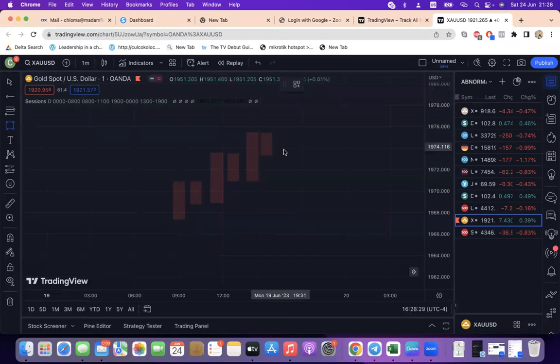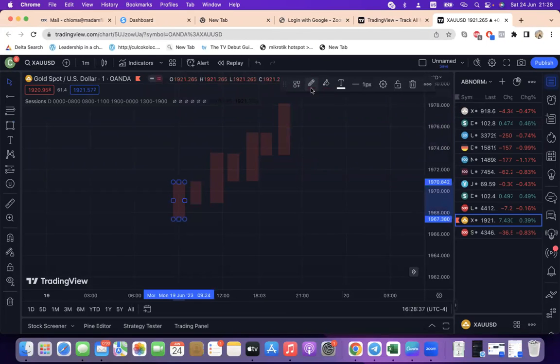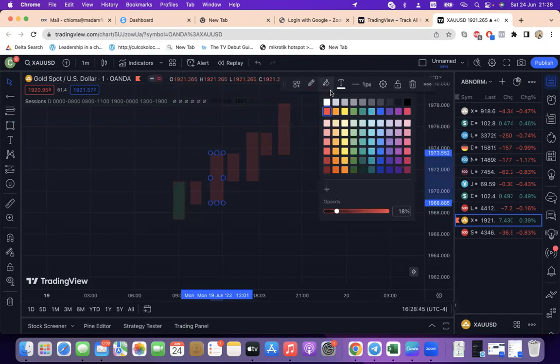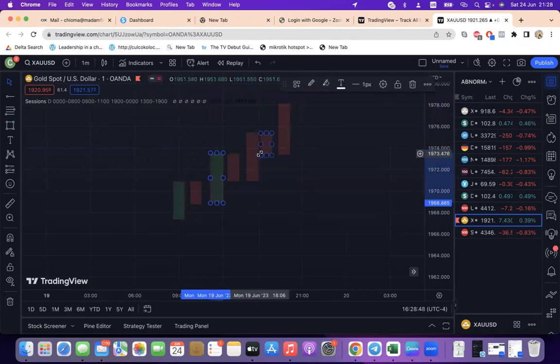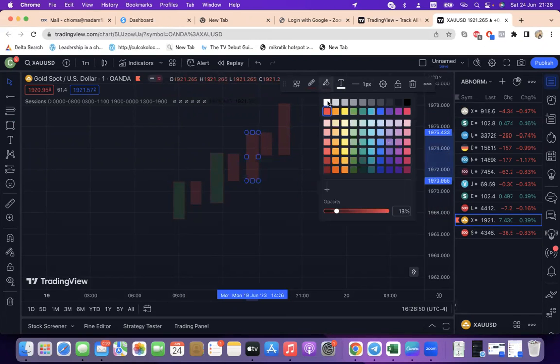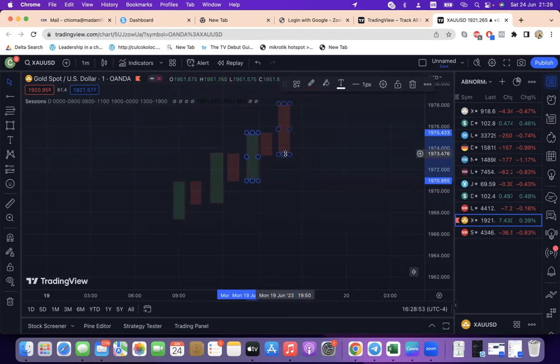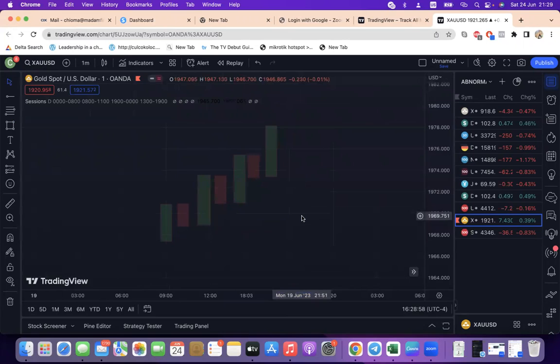I'm just going to make the bullish candles green and these ones red. Okay, green, red. All right, so this is a typical uptrend, and you can see her movements, very beautiful, perfect movement.